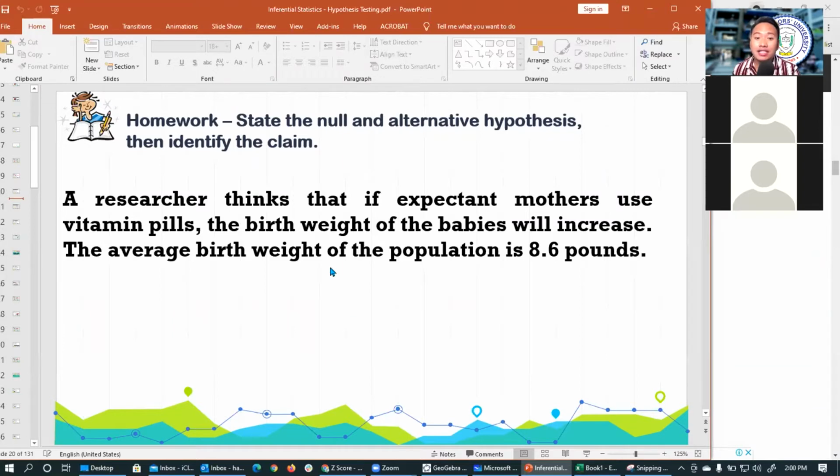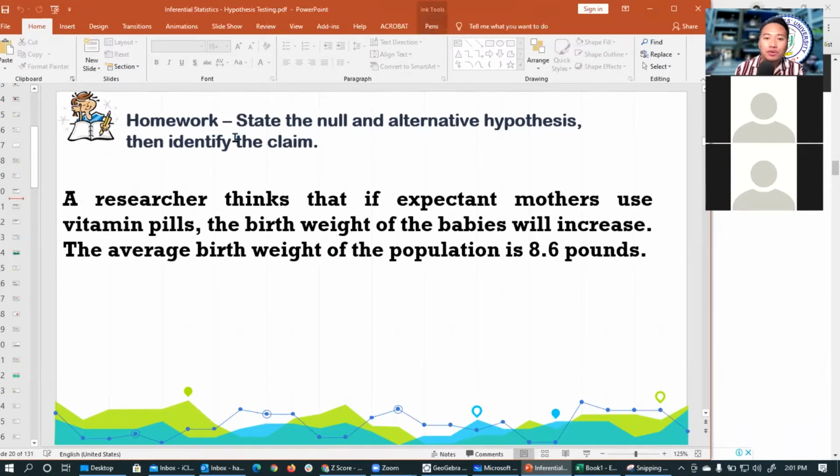A researcher thinks that if expectant mothers use vitamin pills, the birth weight of the babies will increase. The average birth weight of the population is 8.6 pounds. So how are we going to state the null hypothesis and alternative hypothesis here? Based on what we have covered last time, the null hypothesis is a situation where the population parameter doesn't change or there's no difference.